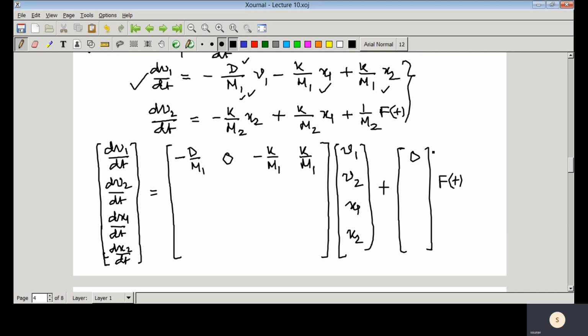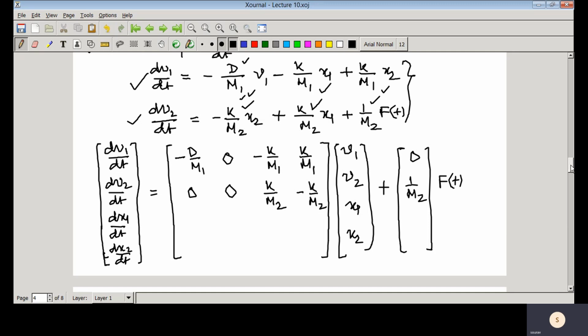There is no input, so 0 here, and for this one, that is minus k by m2, here this term, and that is k by m2, this term, and here you have 1 by m2, this term, the other two terms 0.